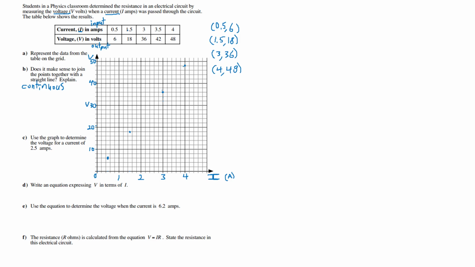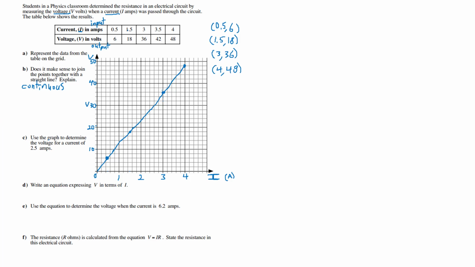So it does make sense to draw a totally straight line, which I'm free drawing here. Yep, look how straight that line is. Nice straight line all the way through. It makes sense for us to have points in between 0.5 and 1.5. For the data we are dealing with, that is perfectly fine.